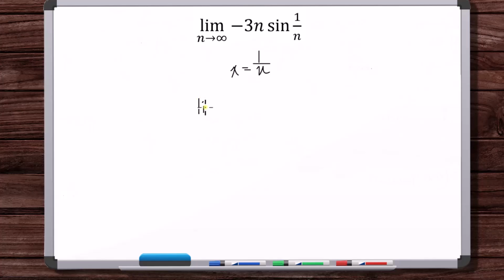So to make the substitution, we've got the limit as x approaches 0 of minus 3 sine of x over x, because we have the 1 over x here for n. So we can take this minus 3 out of the limit.